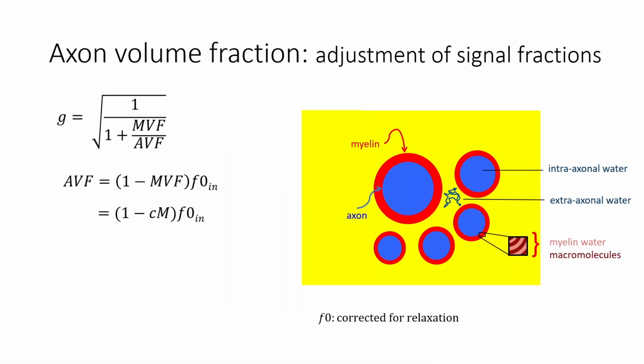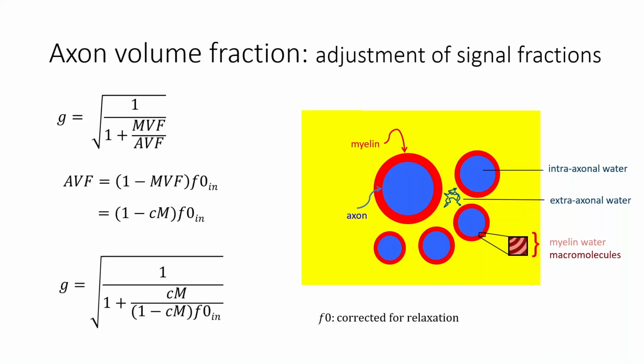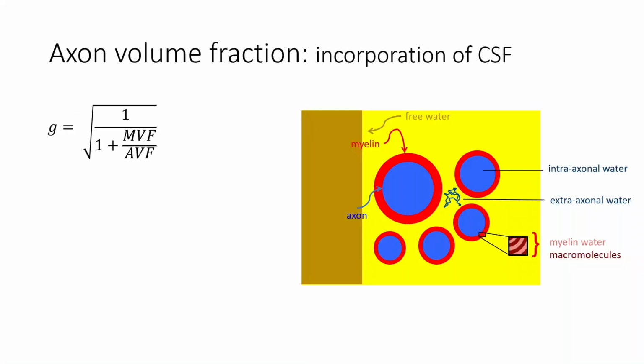Here I've introduced a parameter F0, which is the signal fraction corrected for relaxation. If that's corrected, ideally by measuring the T2, then the G-ratio formulation becomes this. Now I'm going to add a compartment to our tissue model. We may have free water that is far away from the other tissue structures.